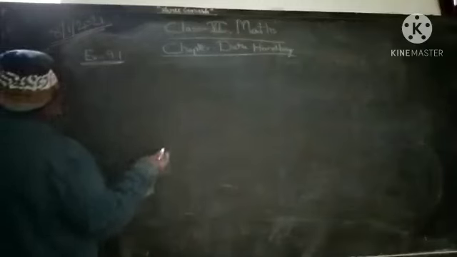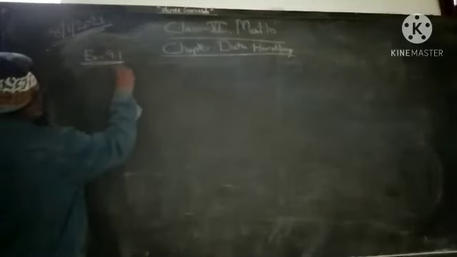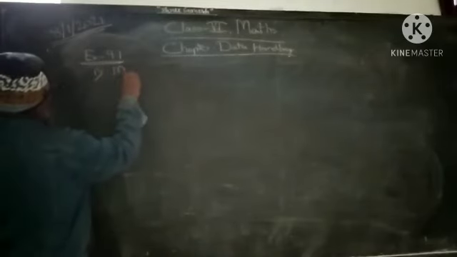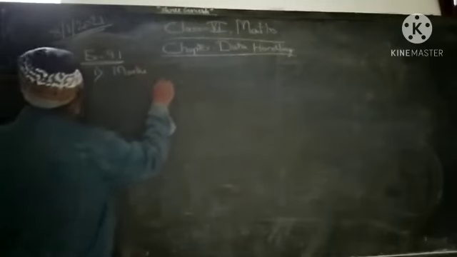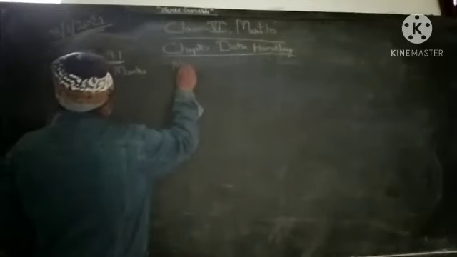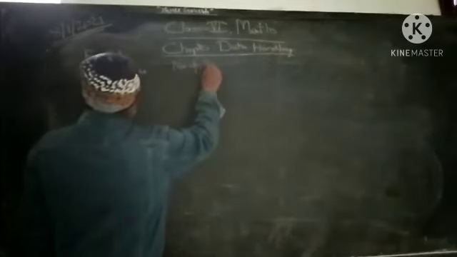The highest mark scored over here is 9, so the lowest was 1. Mark it like this: Marks, and over here, number of students.